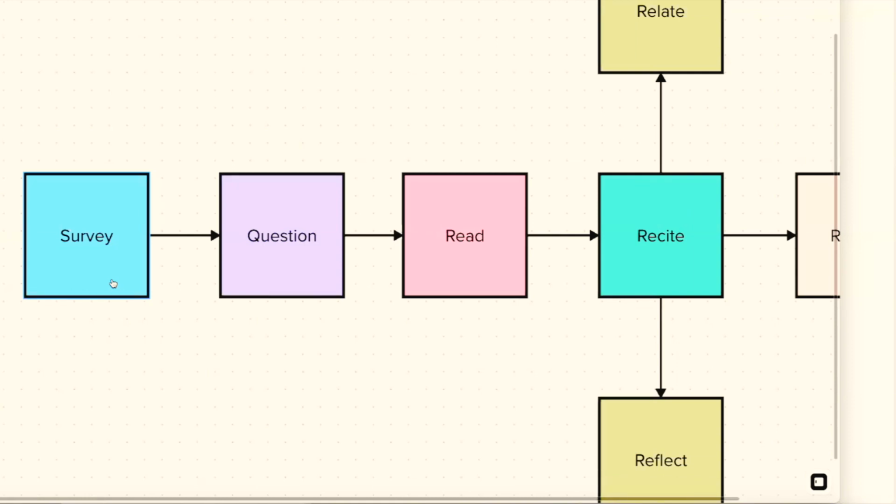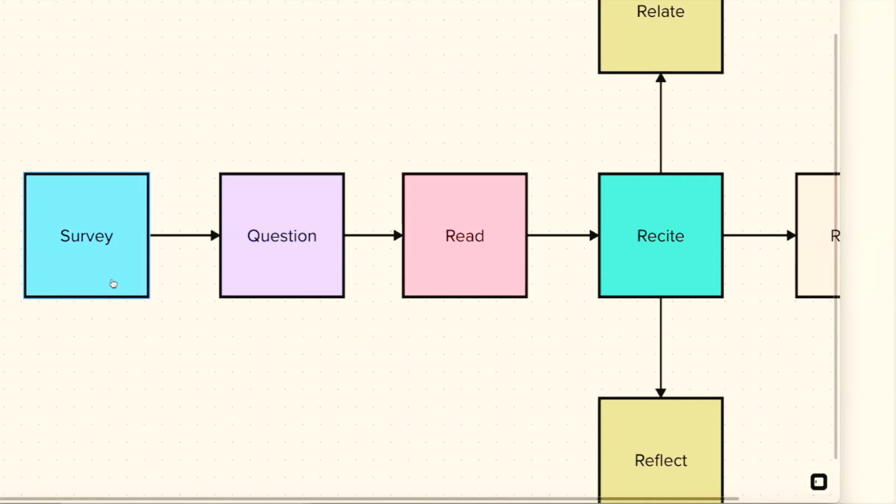Once you have a fair idea about the structure of the content, you go into the question mode. Before you start reading the information, you ask questions by yourself, before you go into the subheadings or before you start the content.